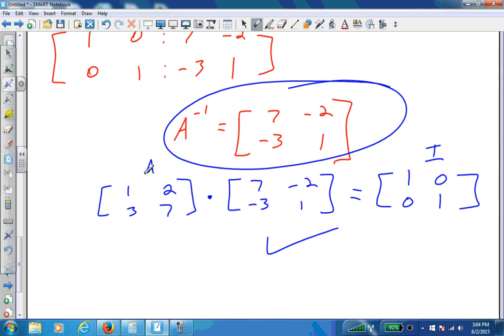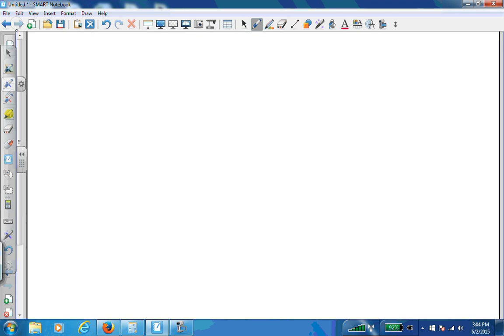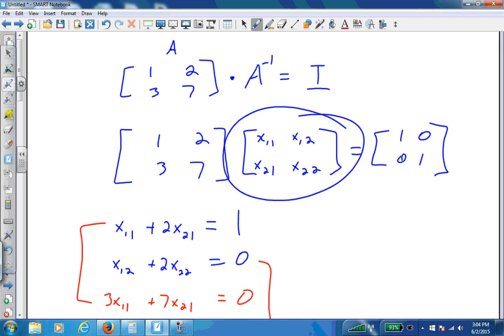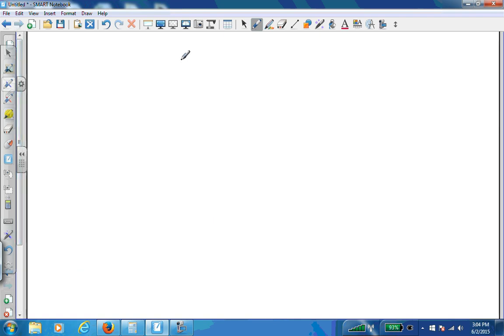Now, they'll go on to show that for a 2 by 2 matrix, there is a shortcut to finding an inverse. If we have a matrix, let's take that same one, 3, 7.